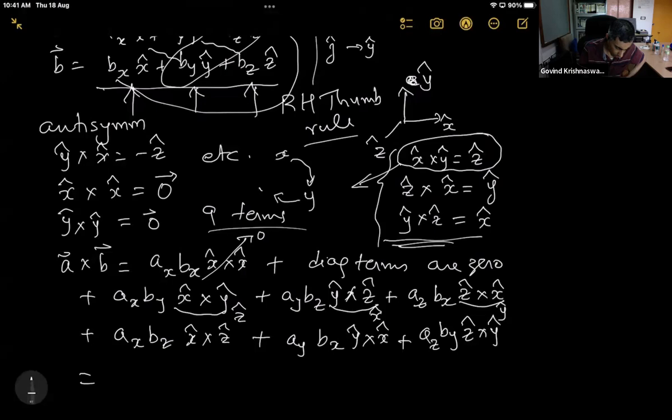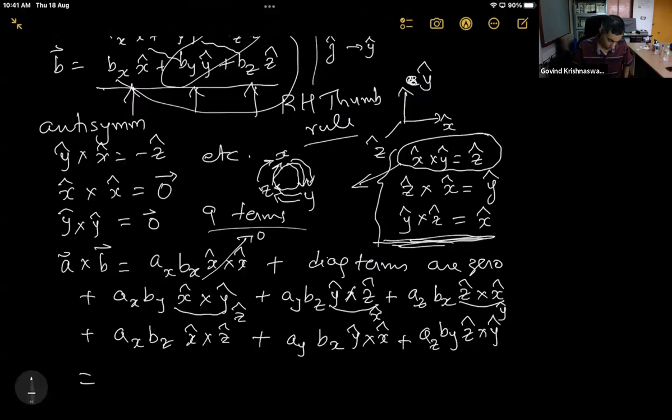If I write this circle, X cross Y gives you Z, Y cross Z gives you X, and Z cross X gives you Y. Just go around that circle. That's just a mnemonic device to remember these three formulae.